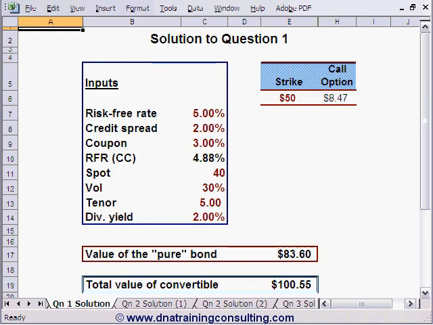Solution to question 1. This worksheet, question 1 solution, begins with the original data as from Chapter 1 and confirms for the convertible bond in cell E19 an initial price of 100.55 exactly as before.